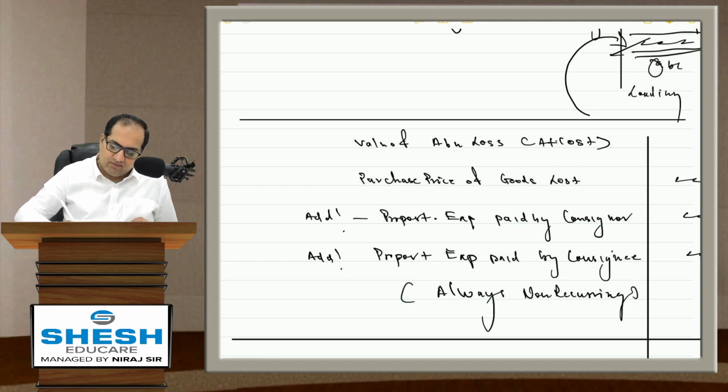And that's how you will get abnormal loss at cost.